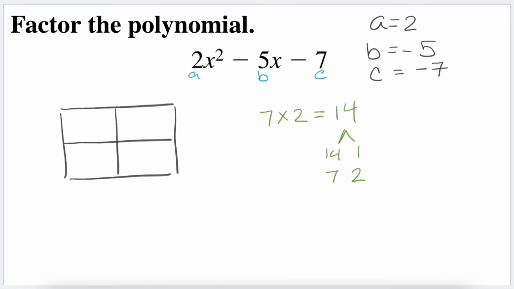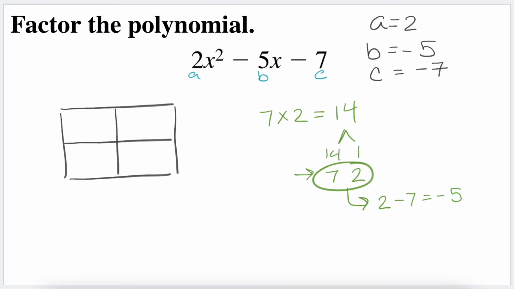Well, 7 and 2 can somehow give me 5, right? And actually we're looking for a -5. So I know that 2 minus 7 gives me -5.